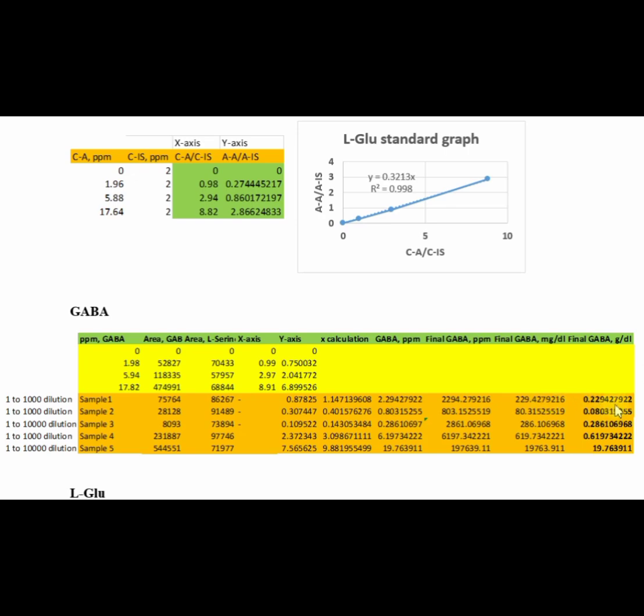So 0.2294 like this is the GABA concentration in gram per deciliter. So likewise we can calculate the final GABA concentration in the samples.